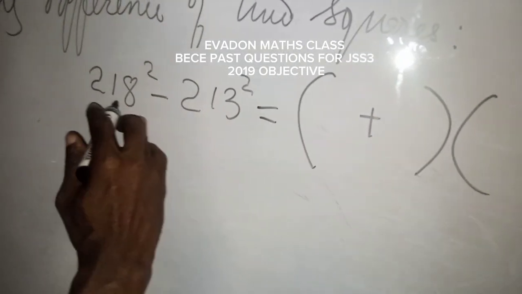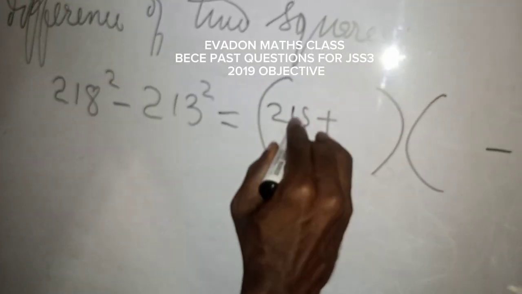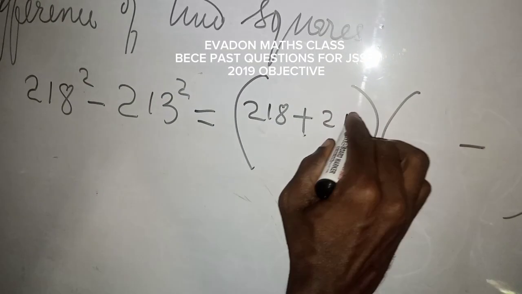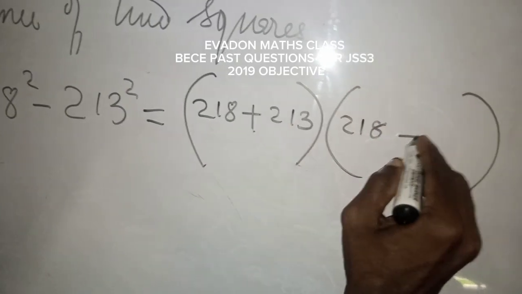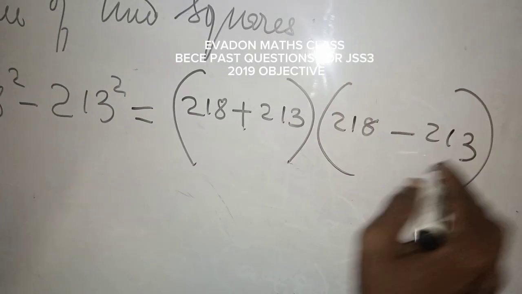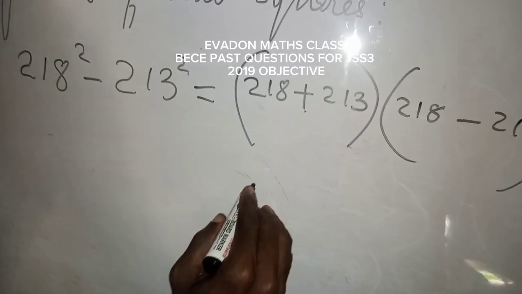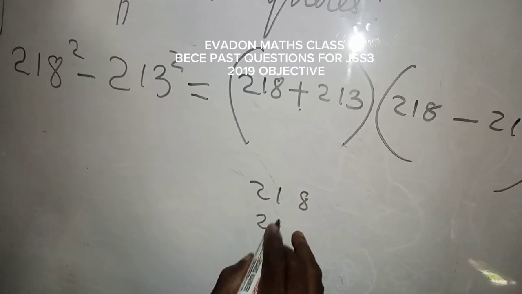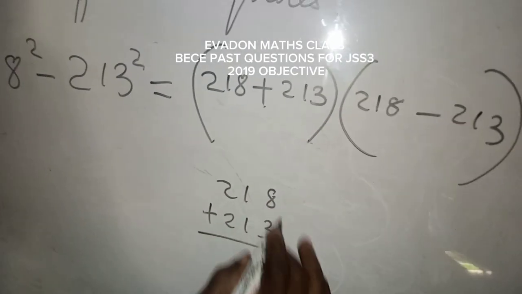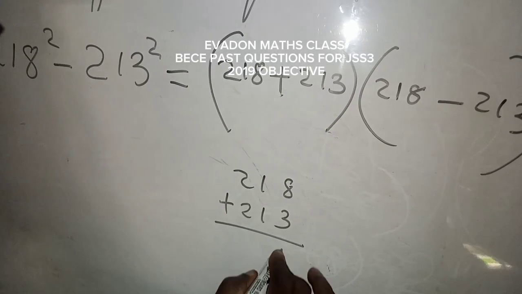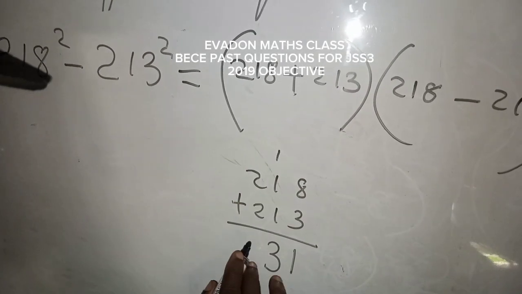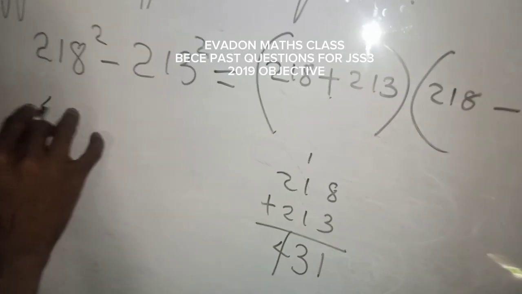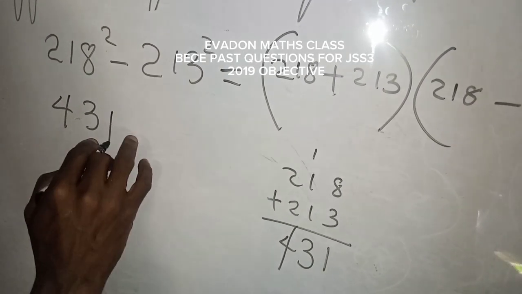So we have 218 plus 213, and then 218 minus 213. When you add 218 and 213, 8 plus 3 is 11, put down 1, carry 1, which gives us 431.